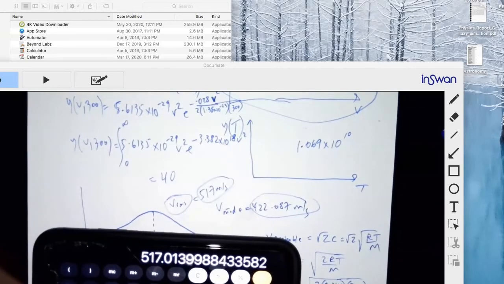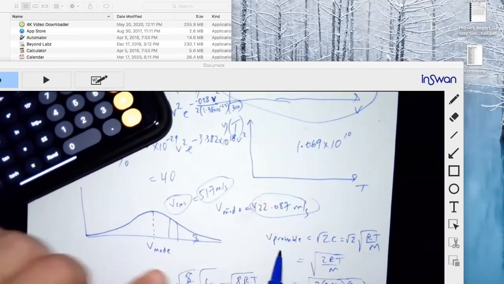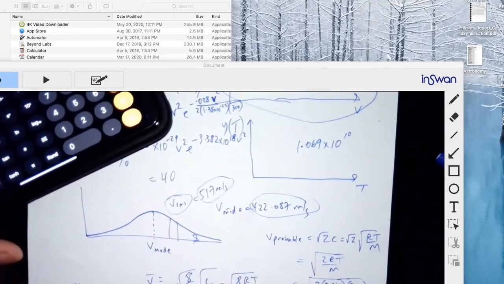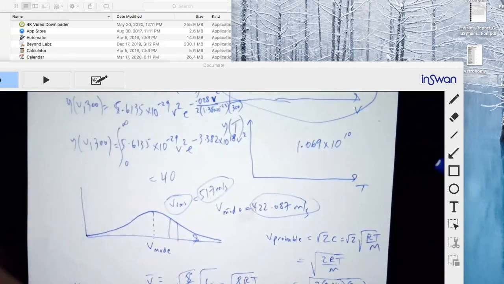Right? So again, it's shifted a little bit more to the right. Then that goes back to our whole temperature, and how we're not just looking at it at the macroscopic level.